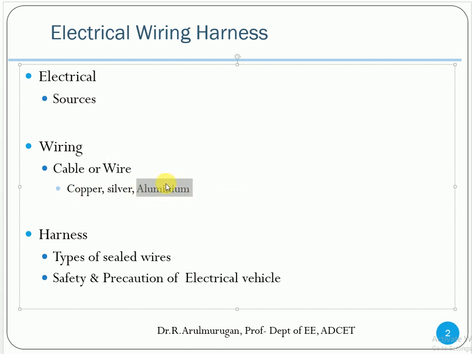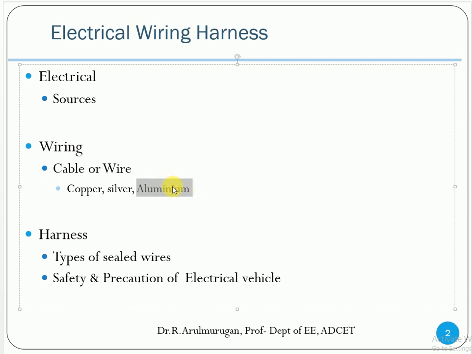Aluminum has only 61% of the conductivity of copper, but weight-wise aluminum is very light compared with copper. That's why aluminum is preferred in outside transmission systems.